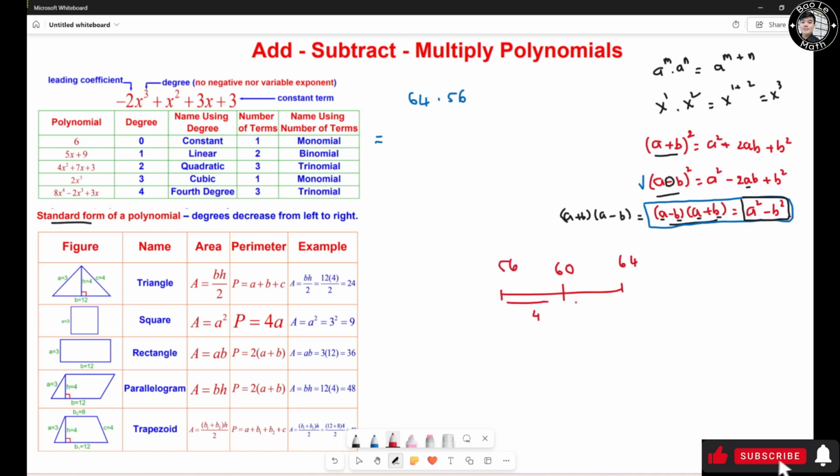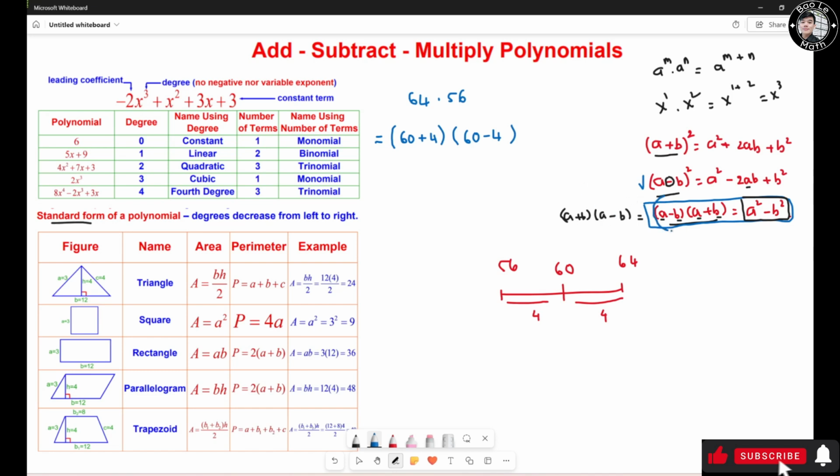This is 4 unit, this is 4 unit, right? So I can use 60 to rewrite this one, right? So 64 is going to be 60 plus 4, right? And then 56, I can write 60 minus 4. Makes sense.